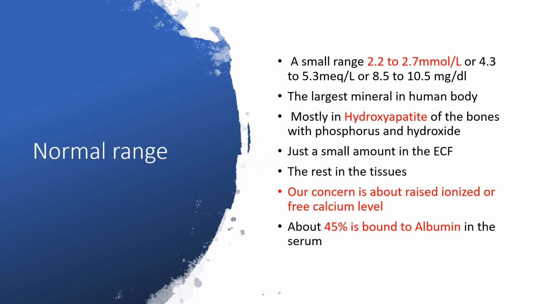So you can see some bound to albumin, some in hydroxyapatite, and only a small percentage, very small, about 1 to 2%, is free or ionized, and that is the one that can give us problem. Just 2.2 to 2.7 millimoles per liter.